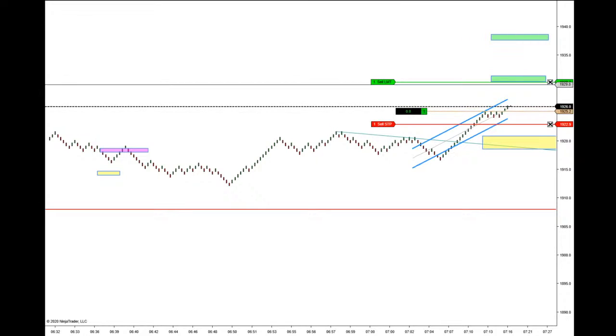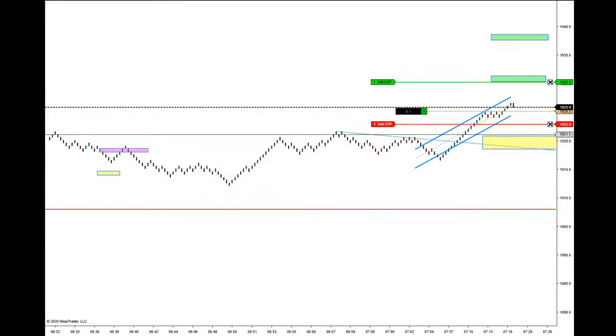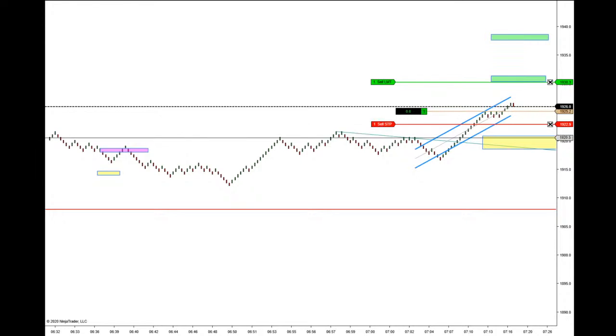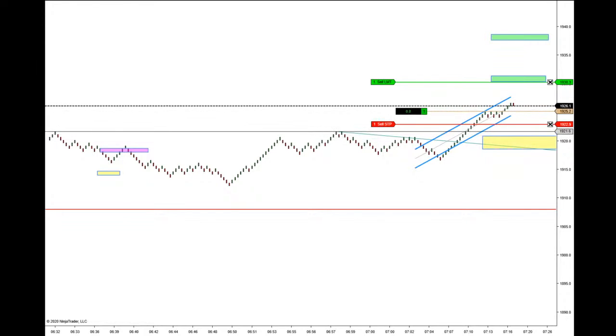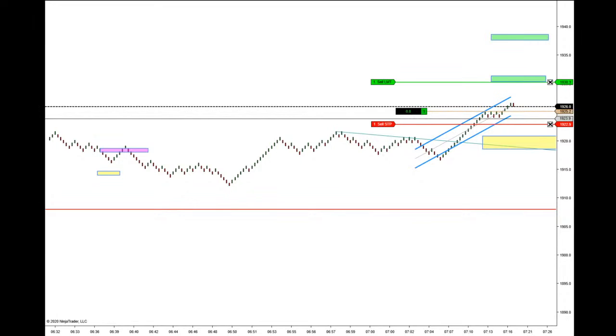I don't care if I lose commission. I could always make it back with profit. So getting in and out, I don't care as long as I get out with a profit.